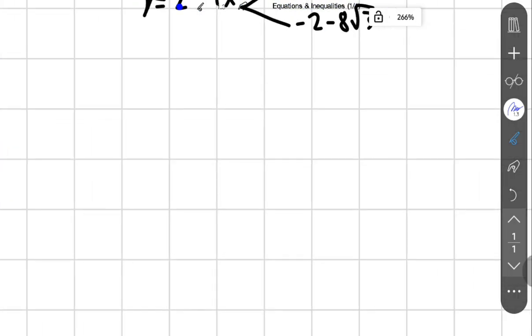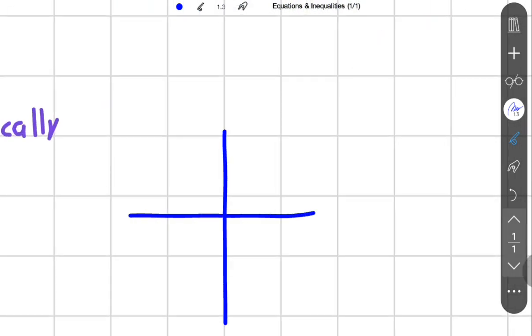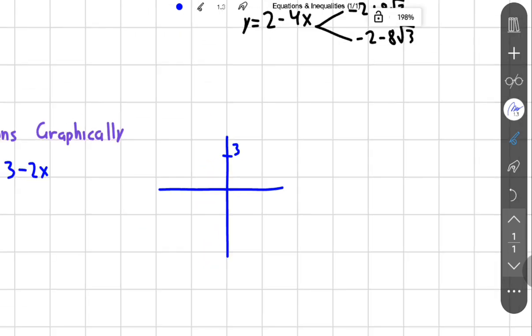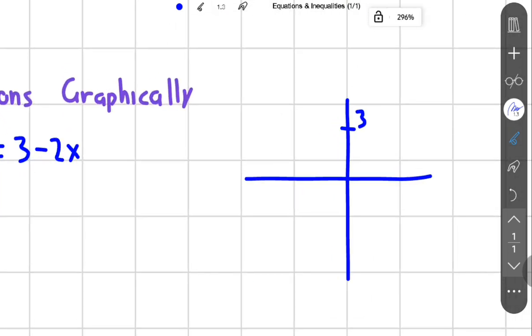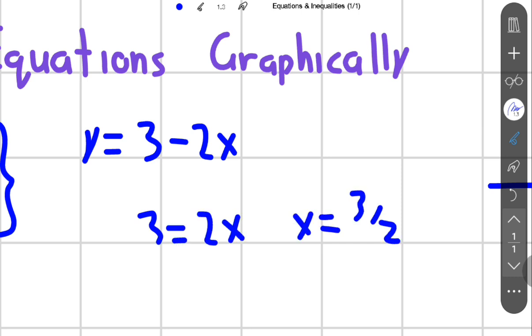So if I draw a graph very roughly, we'll have 3 here, and if we equate y to be 0, we'll basically have 3 equals 2x, x equals 3 over 2. So when y is equal to 0, x will be 3 over 2.